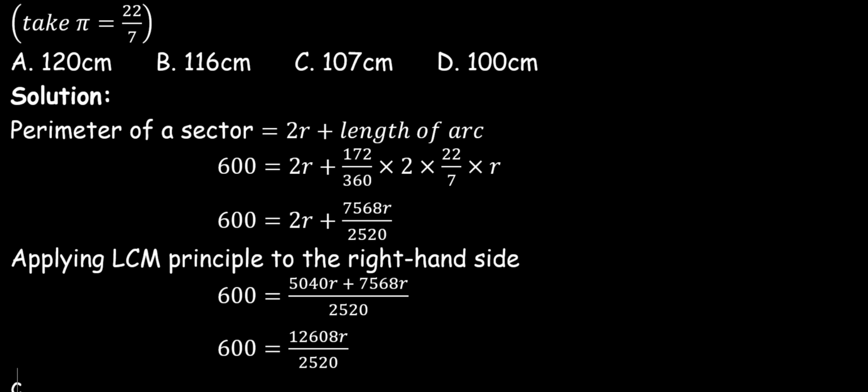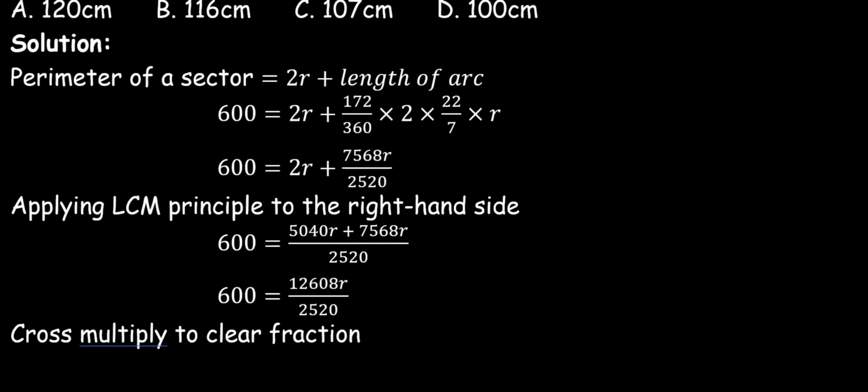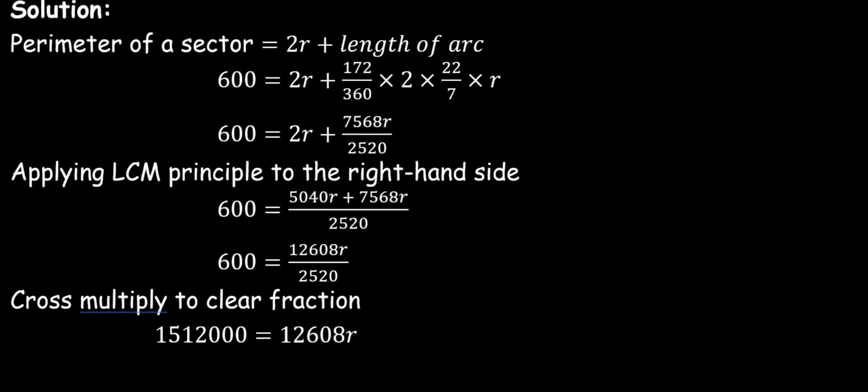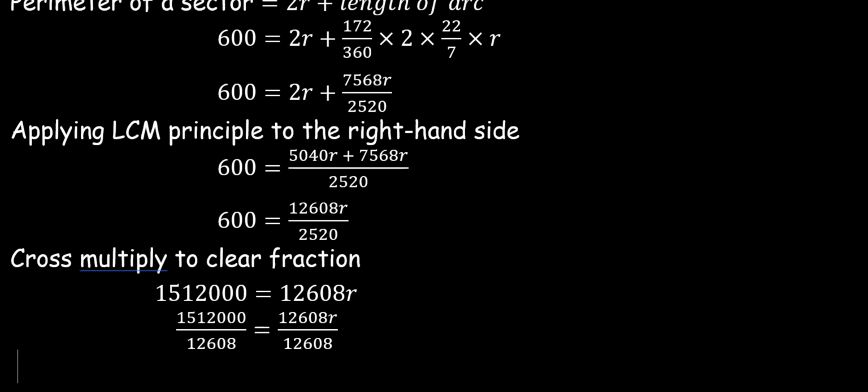Cross multiply to clear fraction. The result will be 1512000 equals 12608r. And to get r, divide both sides by the coefficient of r as shown below. Thus r will be equal to 119.92 cm, which is approximately equal to 120 cm to the nearest centimeter.